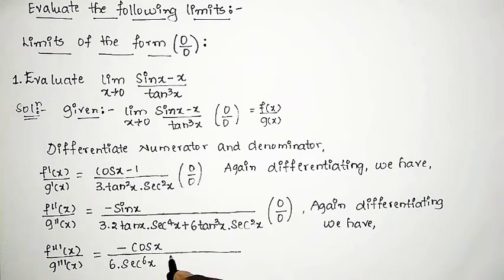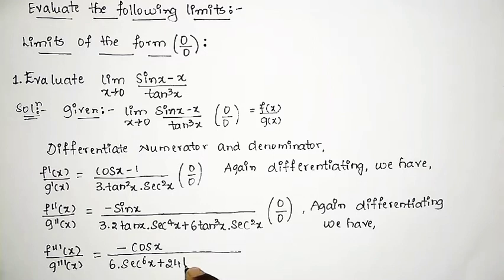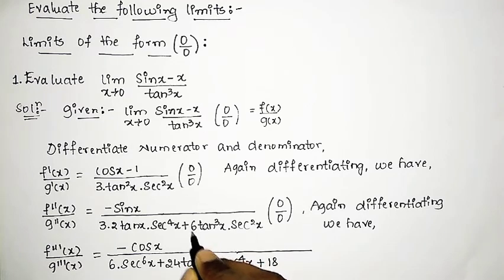Sec raised to 6x plus 24 into tan square x into sec raised to 4x, keeping sec raised to 4x as it is, plus again 18 into tan square x, since 6 into 3 is 18.